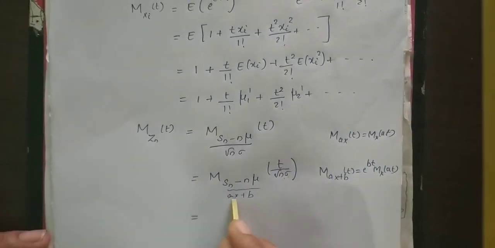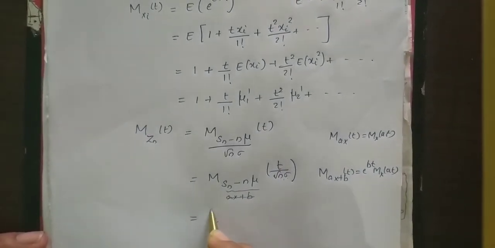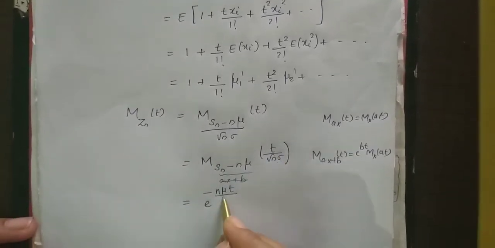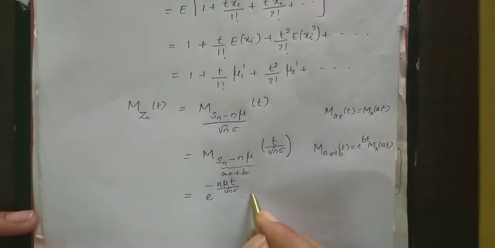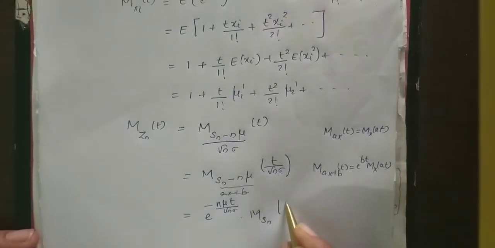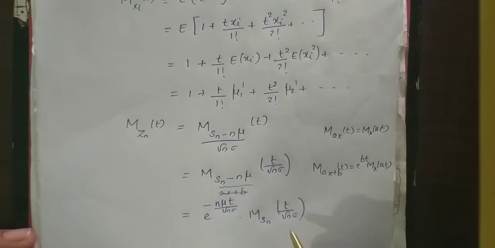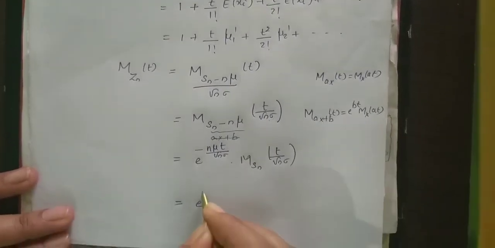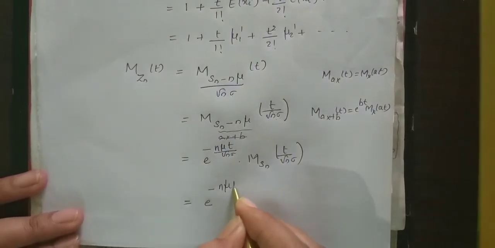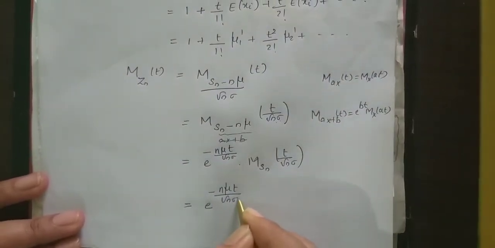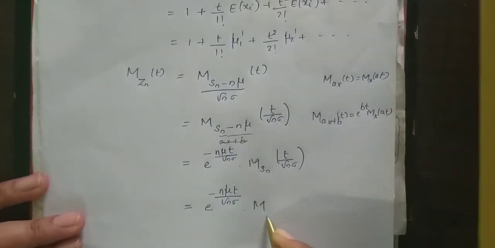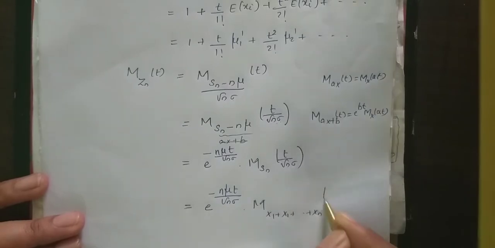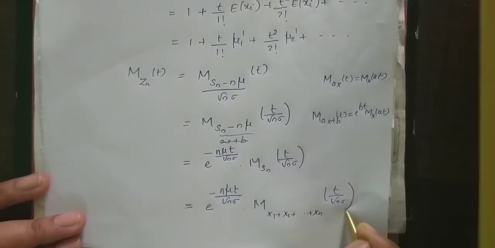So we can write this as e raised to minus n mu t by root n sigma into M Sn of t by root n sigma. This is equal to e raised to minus n mu t by root n sigma into M of Sn, which is X1 plus X2 plus etc. plus Xn, of t by root n sigma.